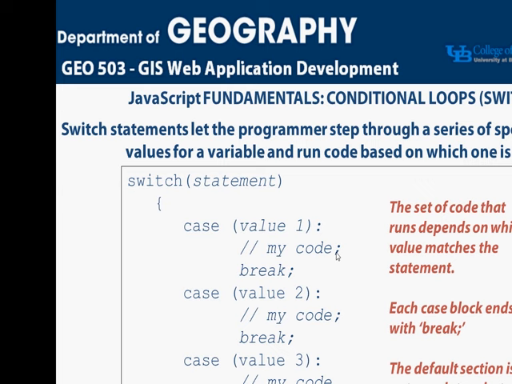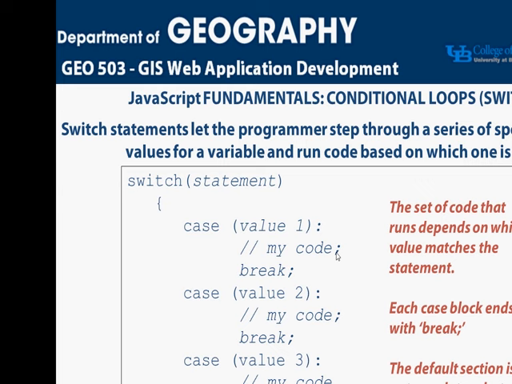When the statement is the case value 1, this code will run up until the break keyword. Say the statement is state. If you wanted to do something if the state entered is New York, you would say case New York and then run code. Case value 2 might be Pennsylvania, and then you could have different code run.